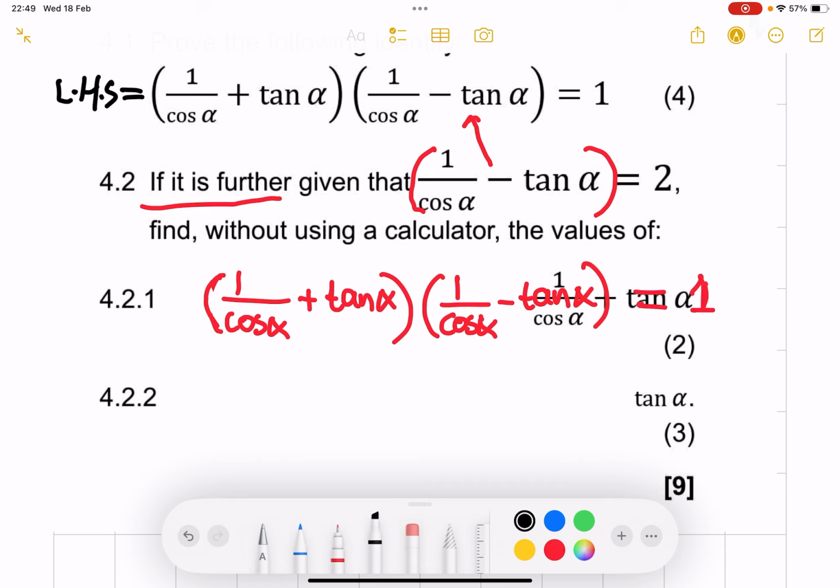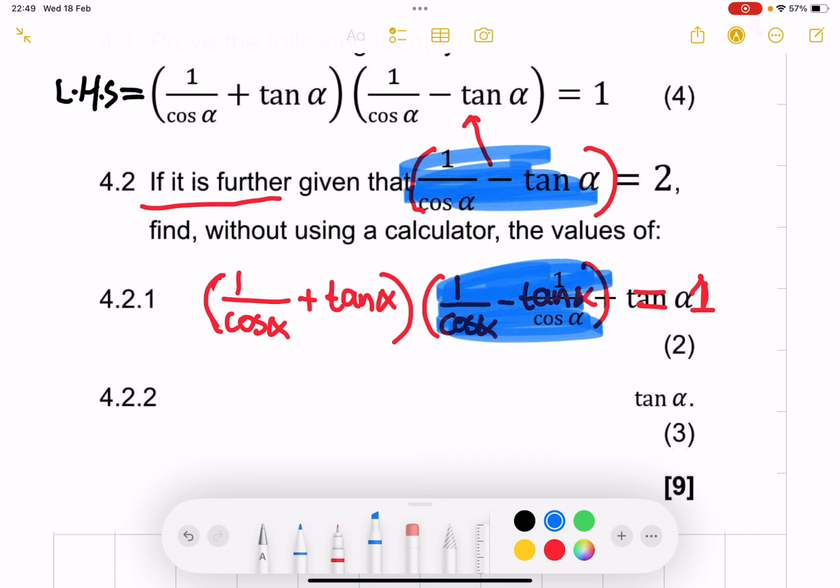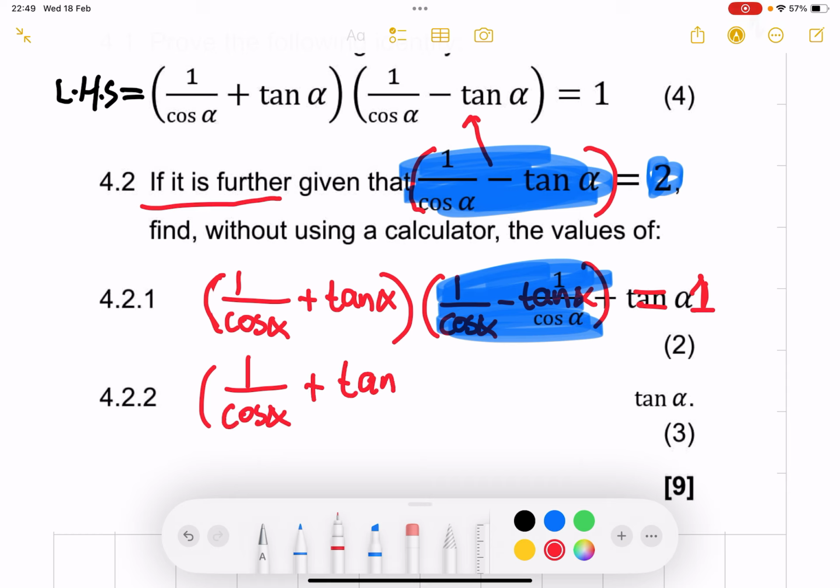We know that that is equal to 1. But I am told that this part, 1 over cos alpha minus tan alpha, is equal to 2. That is what I am told. So I can write this as 1 over cos alpha plus tan alpha times 2. I can replace this bracket with a 2 because I'm told it is equal to 2, which is equal to 1.